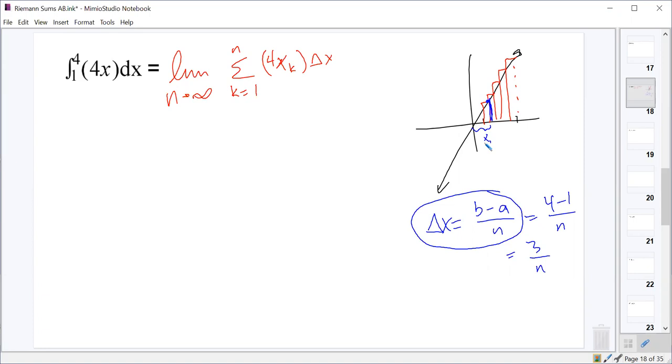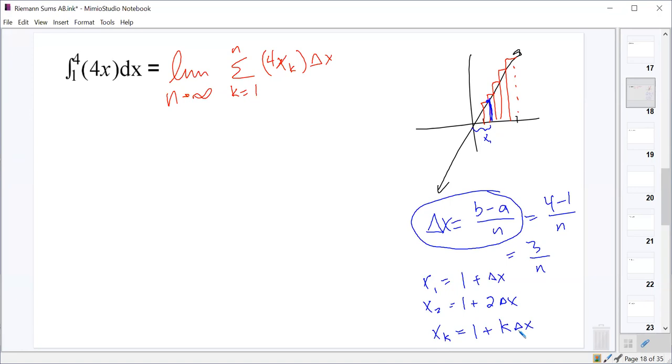One plus delta x. I should have gone over 1 plus delta x, right? x sub 1 is equal to 1 plus delta x, right? Delta x is the width of the rectangle, and I went over 1 unit before I got there. So what about x sub 2? It ought to be equal to 1 plus delta x plus another delta x, right? So 2 delta x. And so what should x sub k equal? It should equal 1 plus k delta x.